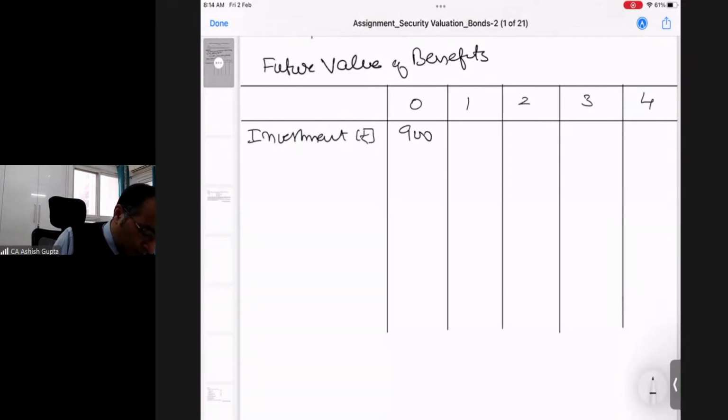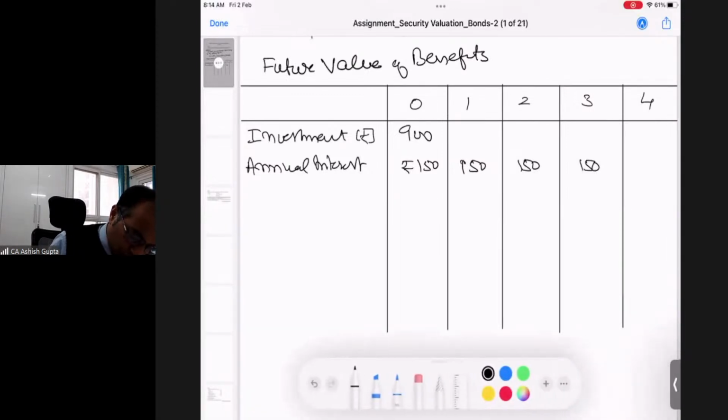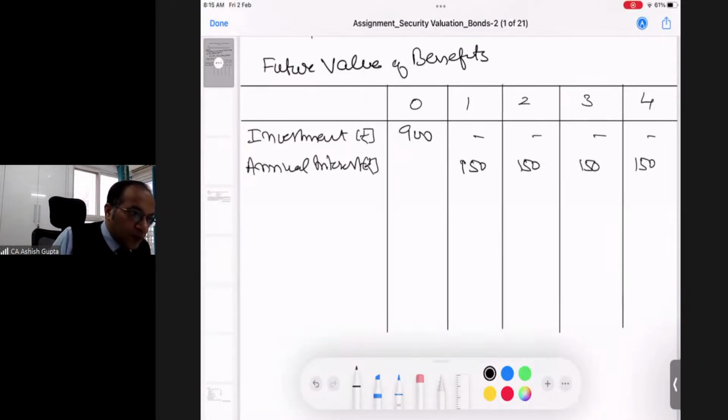Now our annual interest is rupees 150. Now the compounding factor is at the rate of 16%.